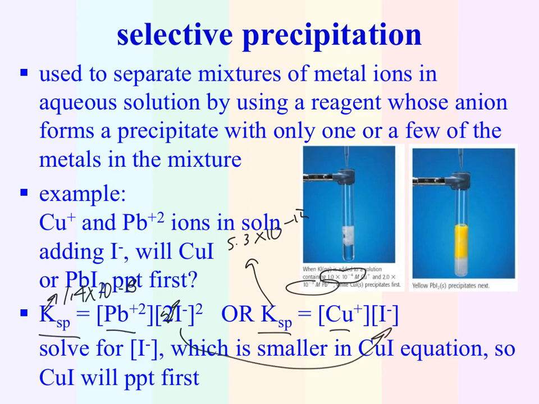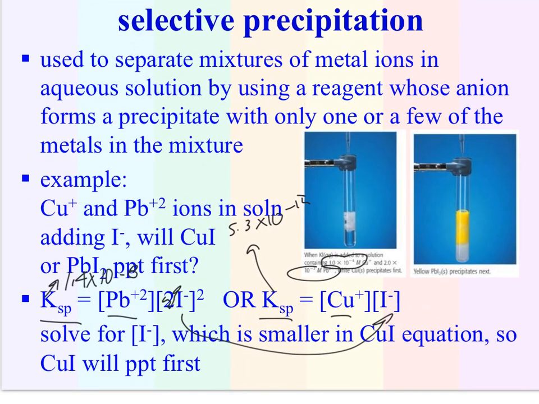The reason the I values are important is because, first of all, that's the item that we are adding to this solution. By adding iodide, we are potentially shifting the equilibrium toward the precipitation procedure. Once we find what the I values are for each of these substances at equilibrium, we know that by adding anything over that value, we will cause precipitation. When you calculate these, we end up with a much smaller I value for the copper iodide precipitation than for the lead.